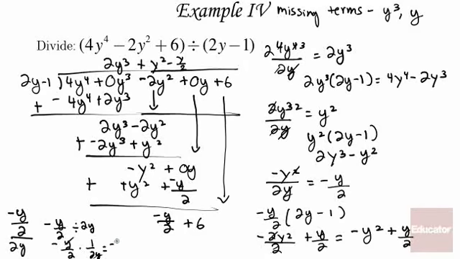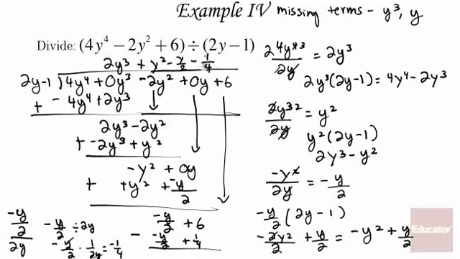It's just going to give you negative 1/4. So that's negative 1/4 up here. Okay, now I need to multiply that times 2y minus 1, and that's actually going to come out to negative y over 2 plus 1/4.